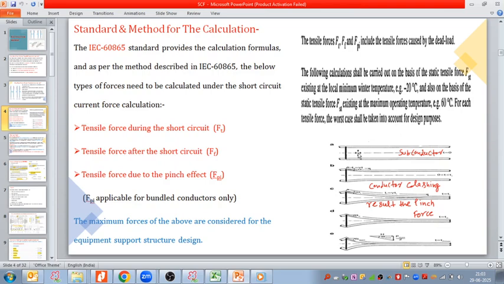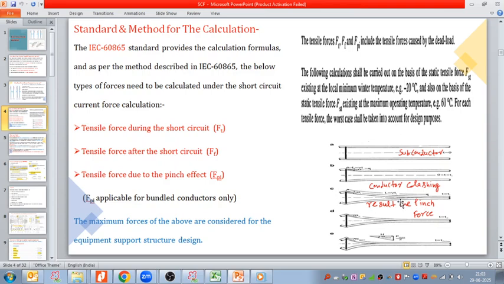So now if I'm using two conductors per phase, even though I have used the spacer between them, what will happen when the short circuit occurs? The conductors clash with each other. Now you can see here conductor clashing. Here again, due to the clashing, they are providing force or load on their supporting points, where we have done the stringing or the support structure.